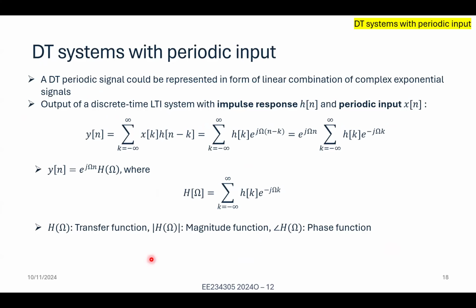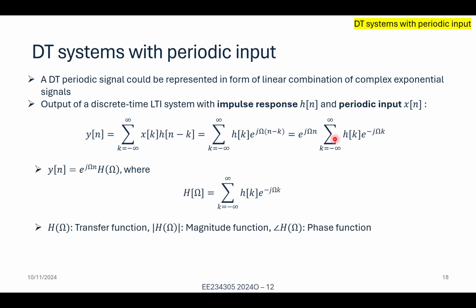Okay, so the last part of this class is discrete time systems with periodic input. A discrete time periodic signal can be represented as a linear combination of complex exponential signals. So consider the output of a discrete time LTI system with impulse response hn and a periodic input.